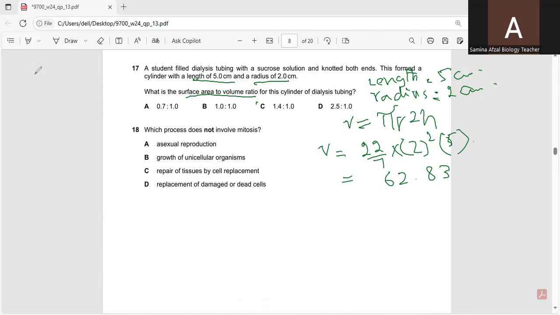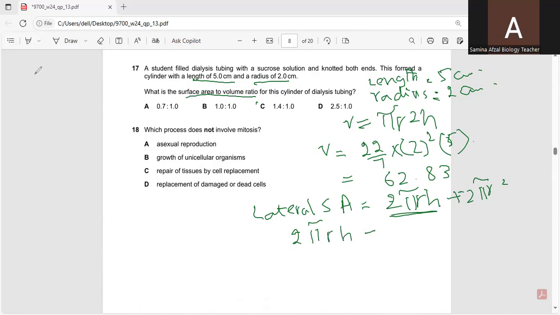Now we will move towards the surface area. First of all, we will take the total surface area. It is equal to 2 pi r h plus 2 pi r square. First of all, we will calculate 2 pi r h, which is equal to 2 pi into 5 into 2. So it is equal to 20 pi.